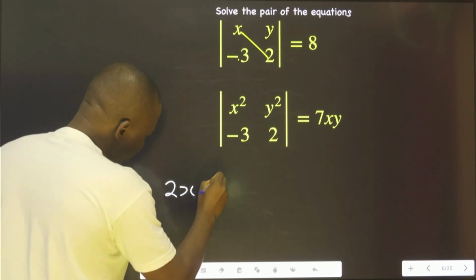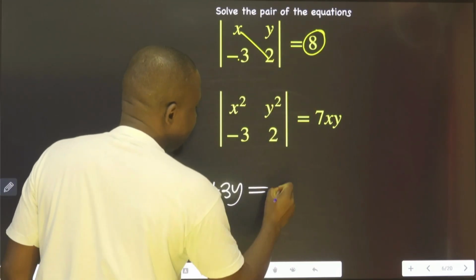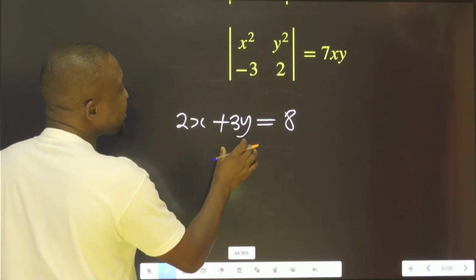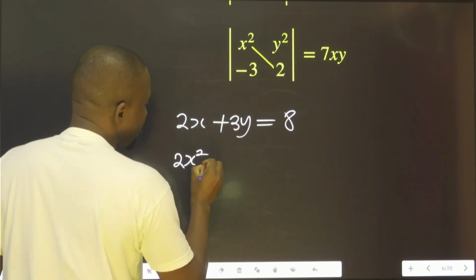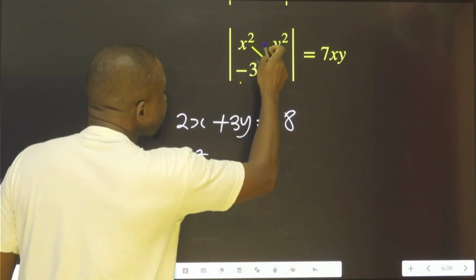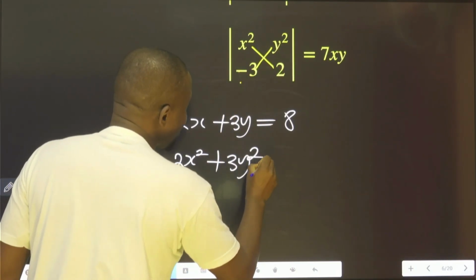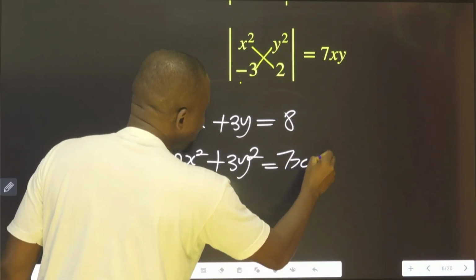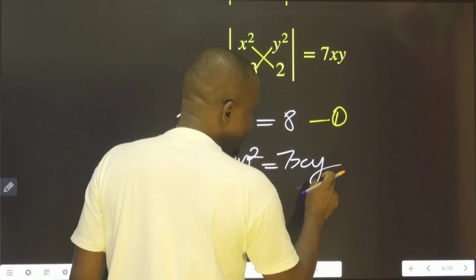Because of this minus, we put plus, so 3y equal to 8. For the second one, 2s raised to power 2, because of this again, plus 3y raised to power 2 equals 7sy. So this is equation 1. This is equation 2.